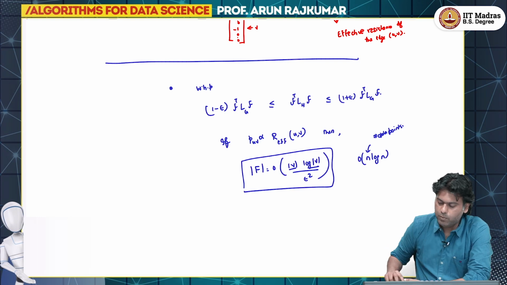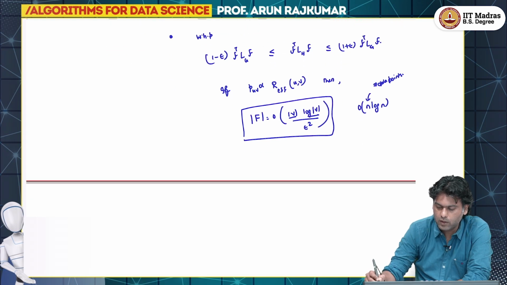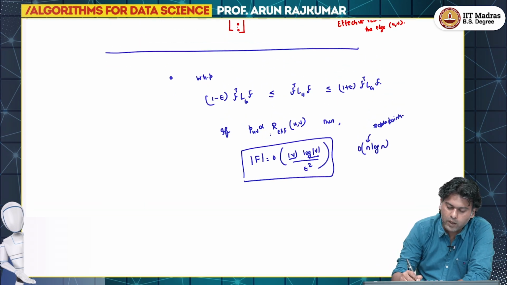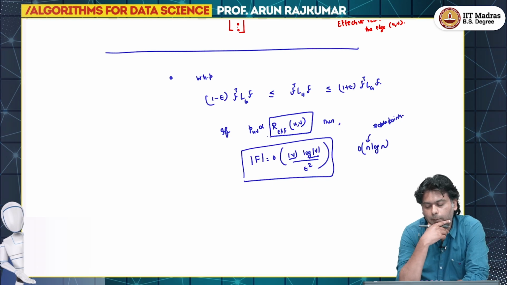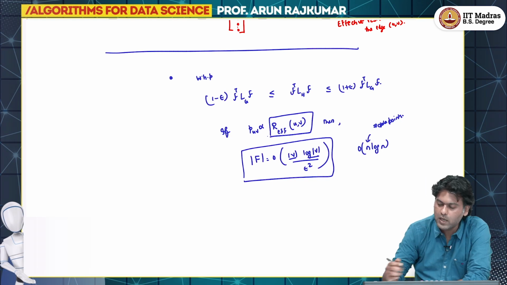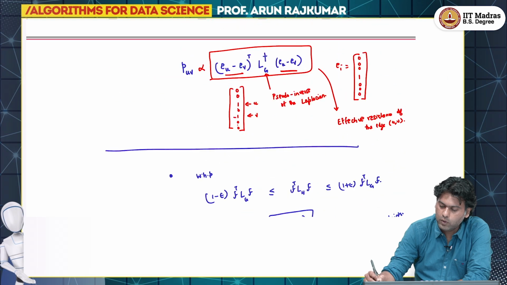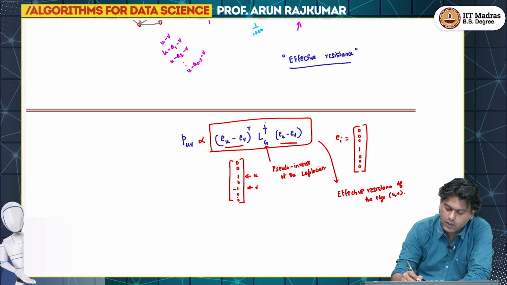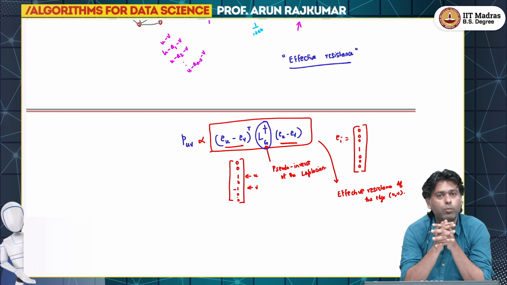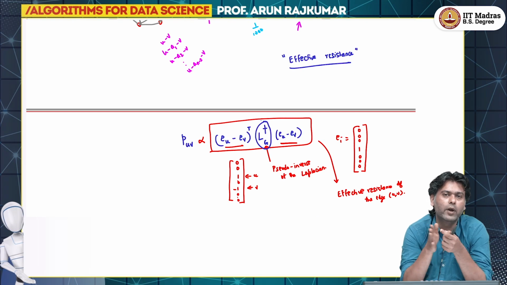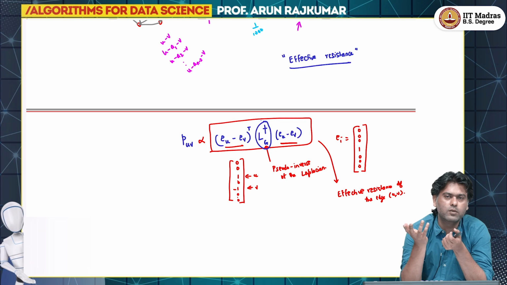Now, one final point before we close spectral clustering at scale is, how do I compute these effective resistances, which seems to now depend on the pseudo inverse of the Laplacian of the original graph, and the whole point was to avoid doing this inverse business of the Laplacian, right.